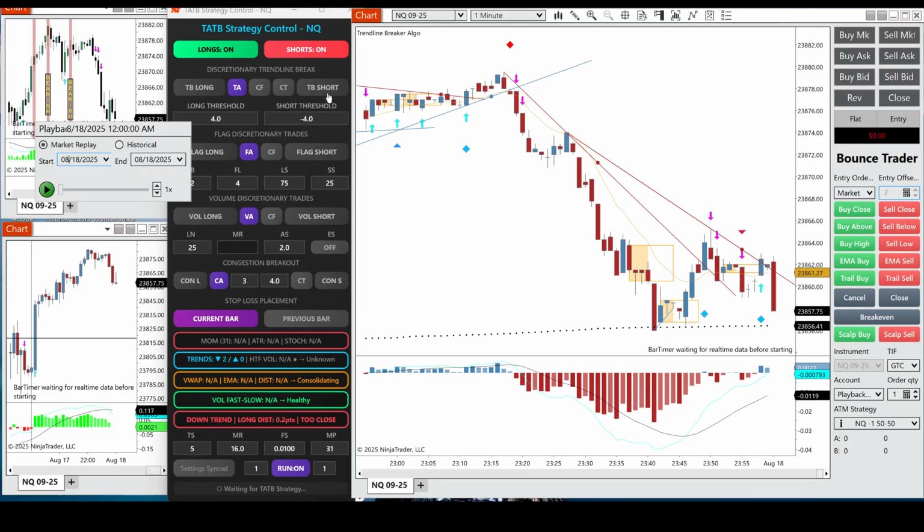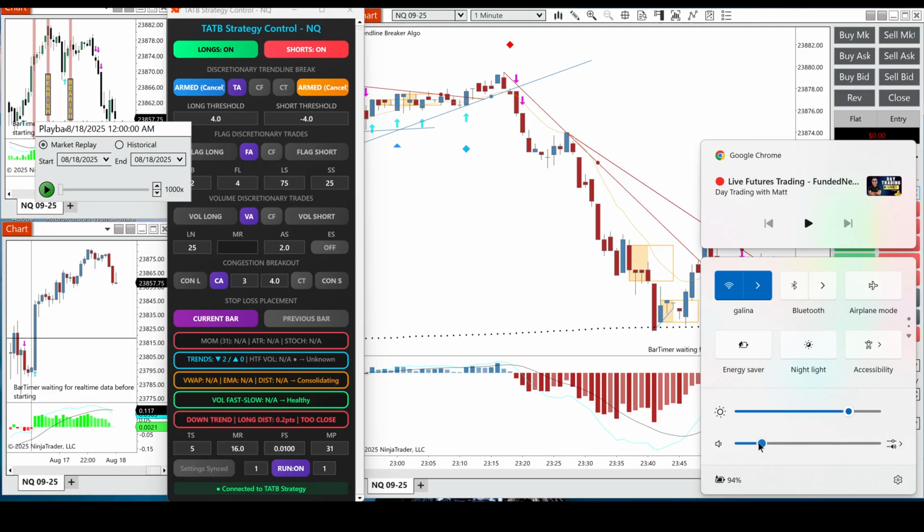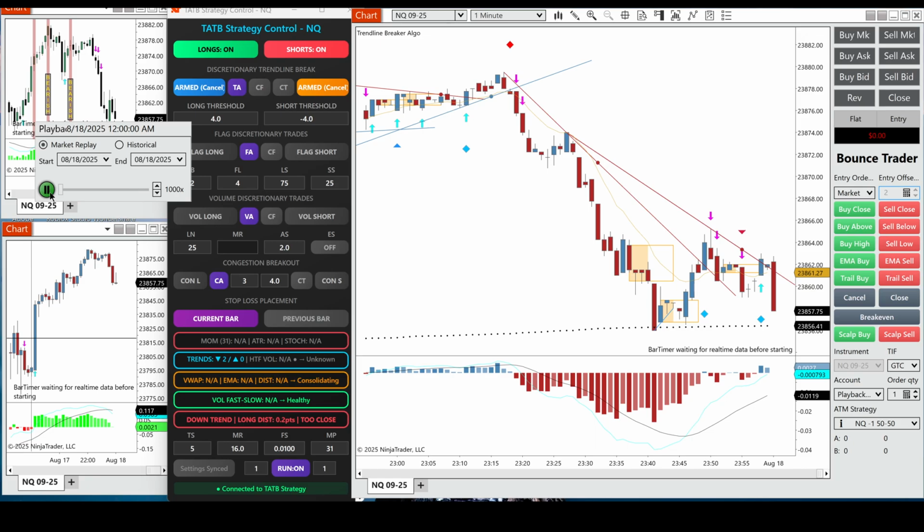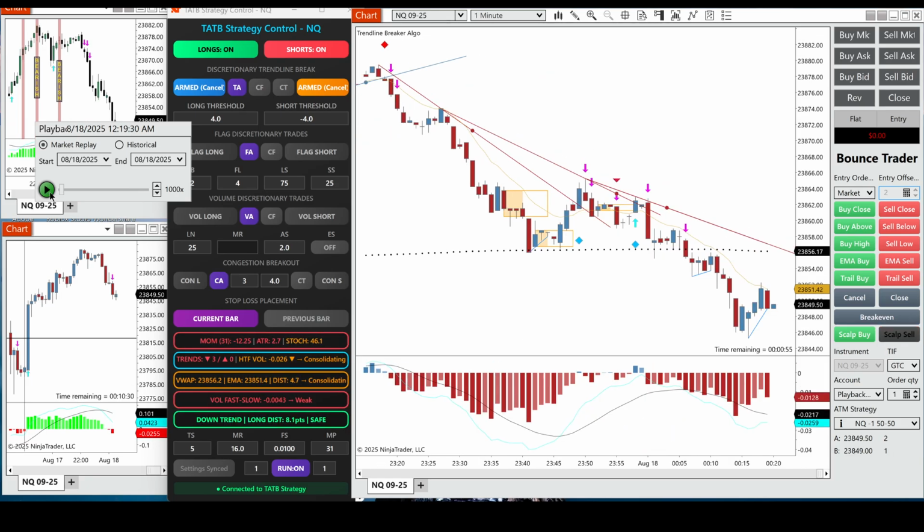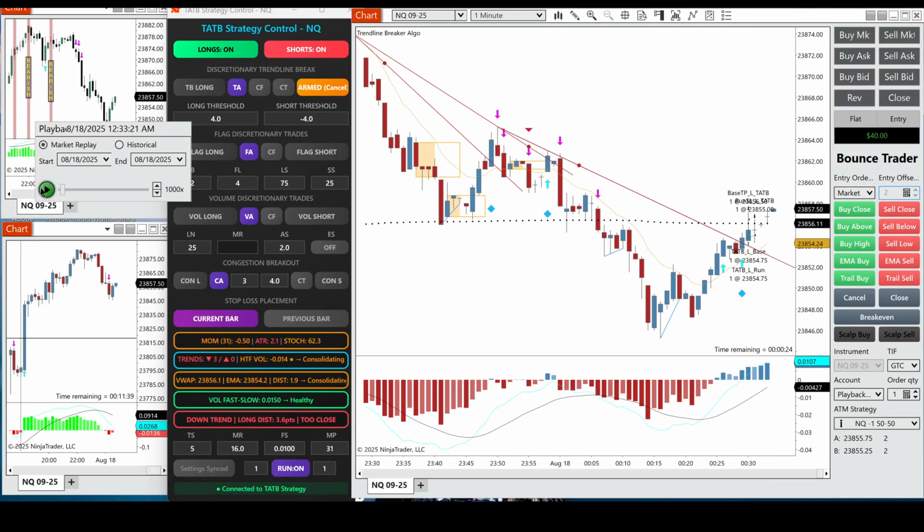So let's do this. Let's select trendline breaks without compound and see if it's going to find us some trades. Let me make this a little bit less noisy. Trendline breakup setup.